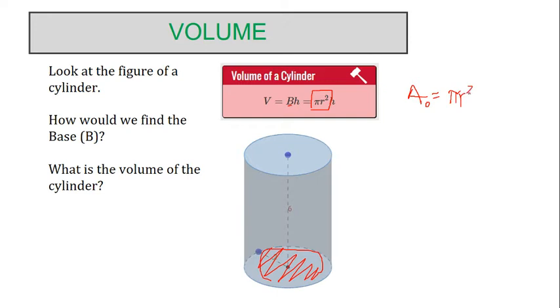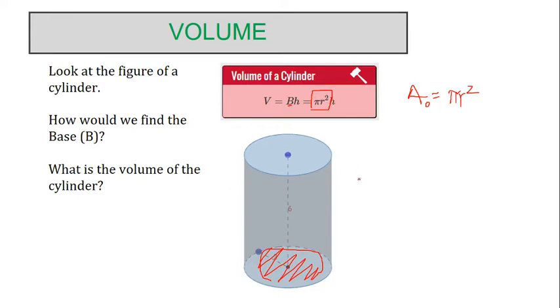So that's why this B in this formula has been replaced with pi r squared, because in a cylinder, the base is a circle, and the formula for the area of a circle is pi r squared. So we find that area down here. Basically what we're doing is finding that area, and then we're sweeping up, multiplying that by the height of the cylinder.